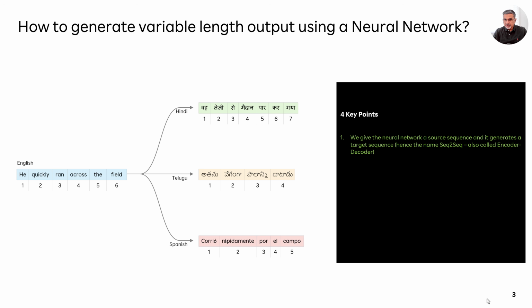Can we use a feed forward neural network? Clearly, I told you that when it comes to text, a feed forward neural network doesn't work because it cannot capture the context that's flowing across different words in a sentence. Okay, then can we use an LSTM or an RNN? You cannot, because an LSTM or a recurrent neural network is very good at understanding the context that's flowing across the different words in your sentence.